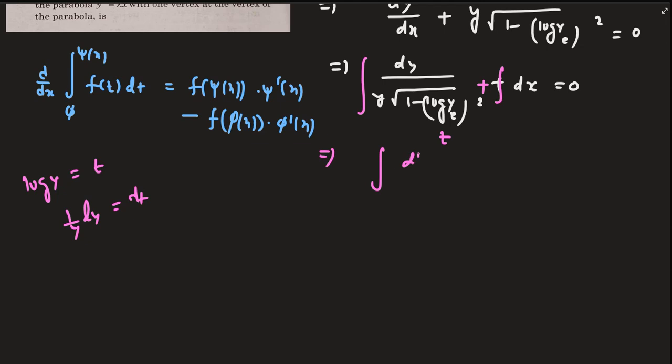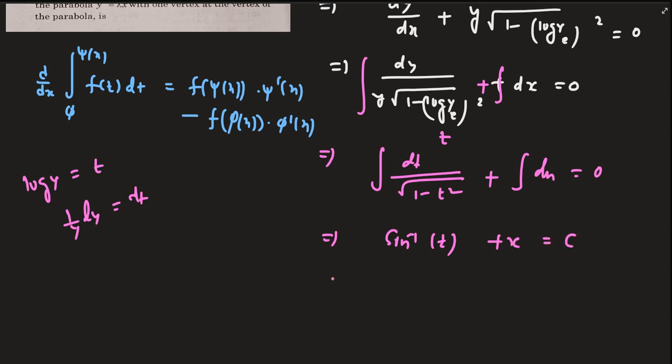So this will be dt by root over 1 minus t square, plus the integration of dx. So it is nothing but sine inverse of t plus x, which is equal to c. So sine inverse of t is equal to c minus x. Therefore t is equal to sine of c minus x.